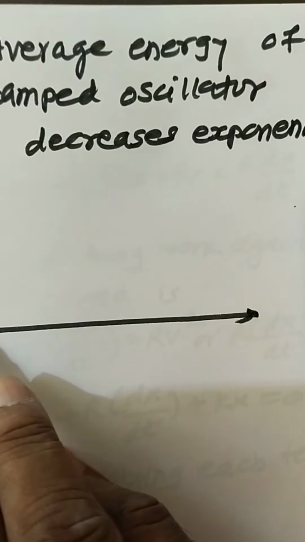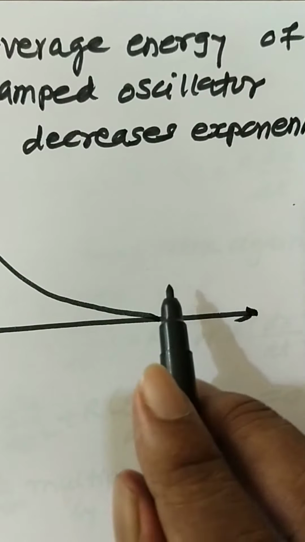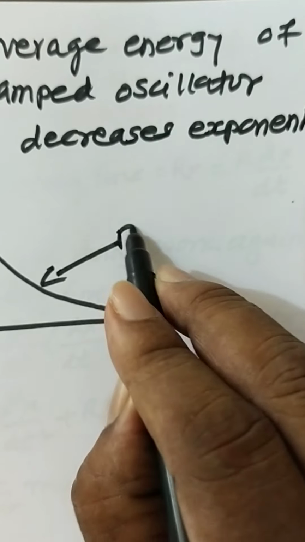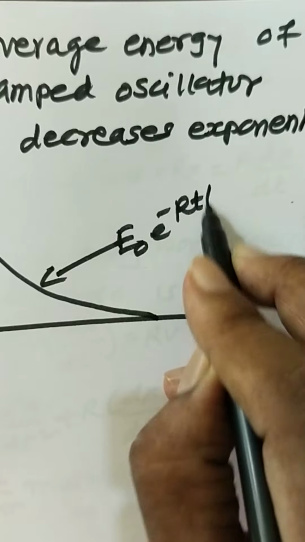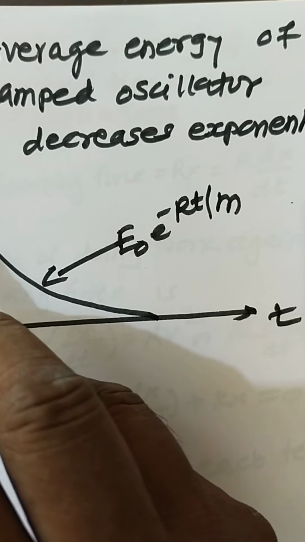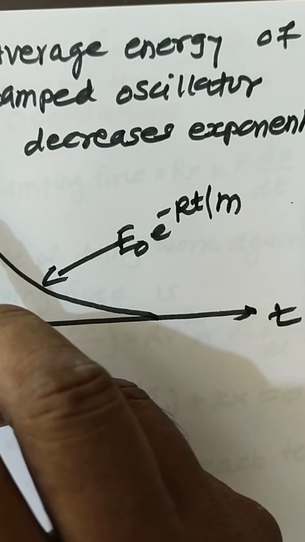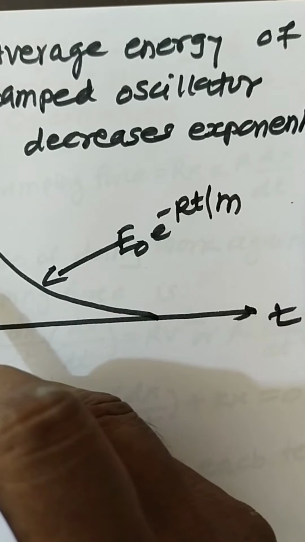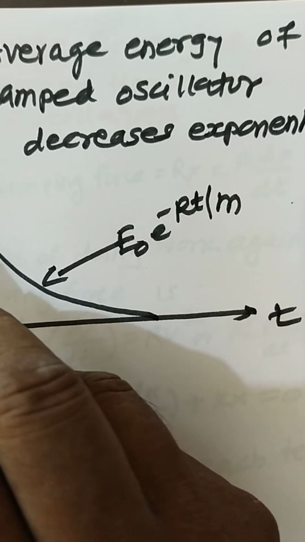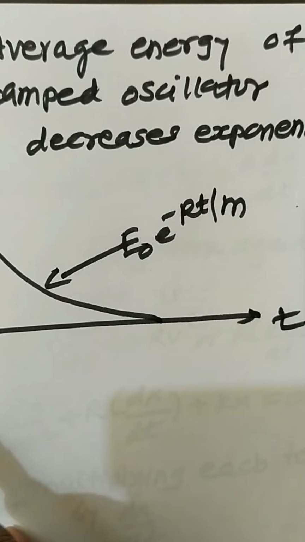And when we draw the graph of this, it looks like this: this is E0 e raised to minus Rt upon m, so this is T versus E bar, starting from E0.